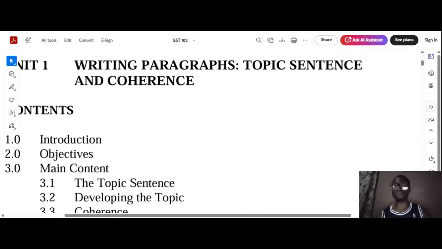So I want everybody to type: one idea per paragraph. Let everybody type it. It will help you to recall in the exam that you cannot put two ideas in one paragraph. That will be wrong.